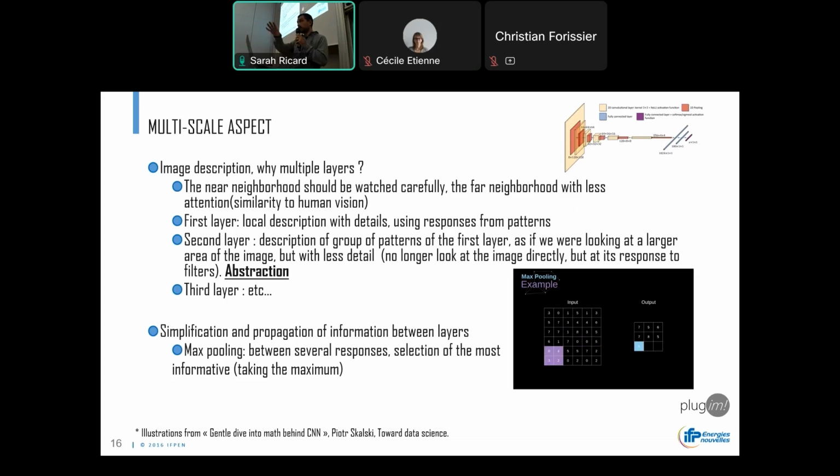So in the first layer we compute characteristics directly on the image, and with the second and third layers, we don't compute directly on the image. We compute from an already existing description of the image, and we also reduce the size, so we reduce the detail contained in the image.